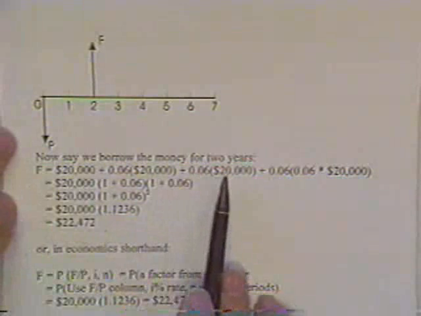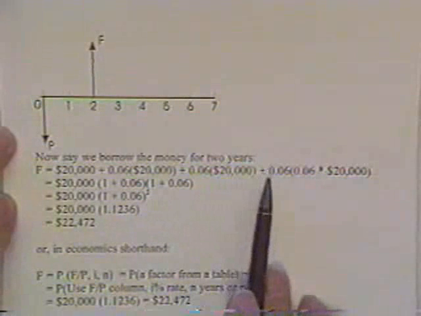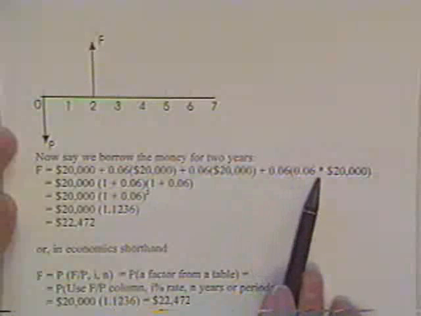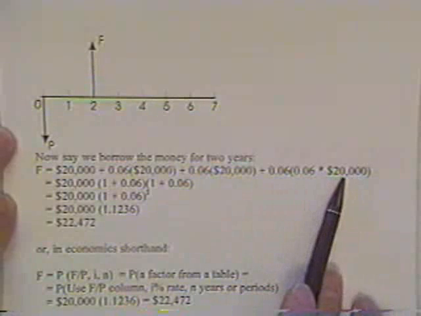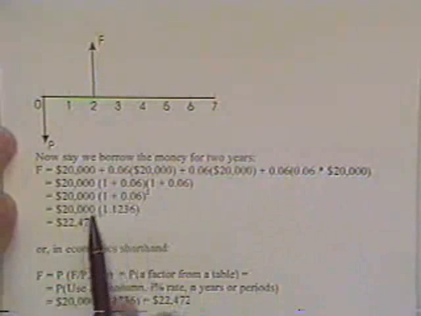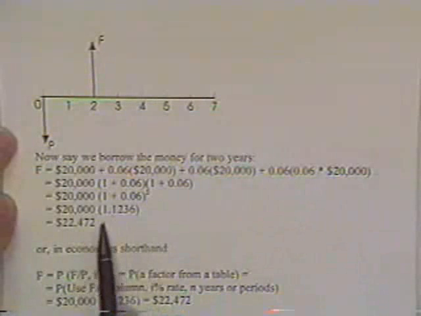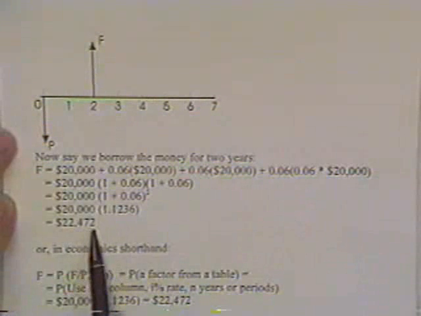I'll owe him 6% of $20,000 because I borrowed $20,000 for another year. And then I'll also owe him 6% of the interest that I owed him at the end of the first year, which comes out to 20,000 times 1.06 squared, which is a new number, and so at the end of 2 years I'd owe him $22,472.